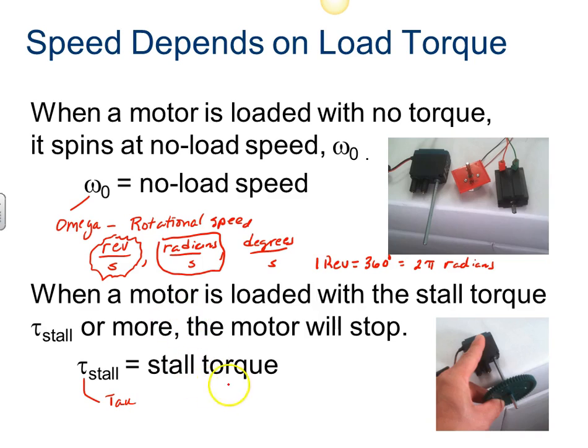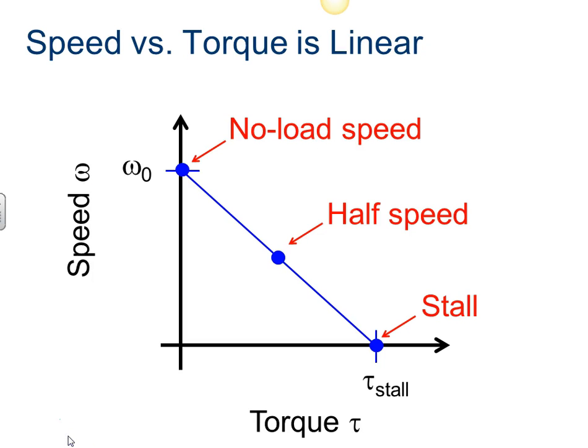And then torque is a force applied times a distance, and that distance is going to be perpendicular to the force. This gives units of newtons times meters. When we look at a graph of speed versus torque, as we see here, we can see that it's linear with a negative slope.